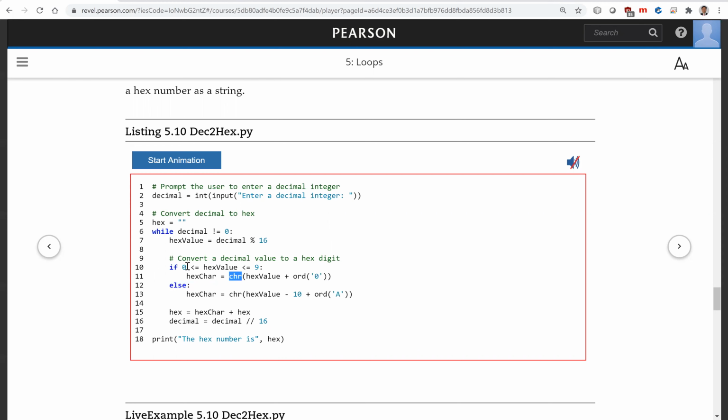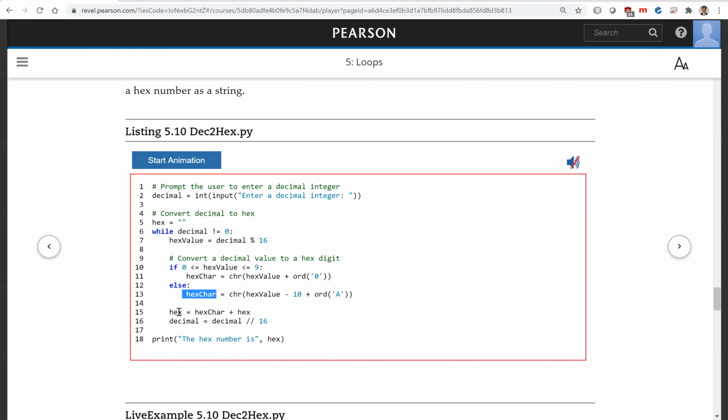Else, that is 10, 11, all the way to 15, so that is going to be this hex value minus 10 plus the ASCII code of A. And this value is now converted into a character, that is the hex character.